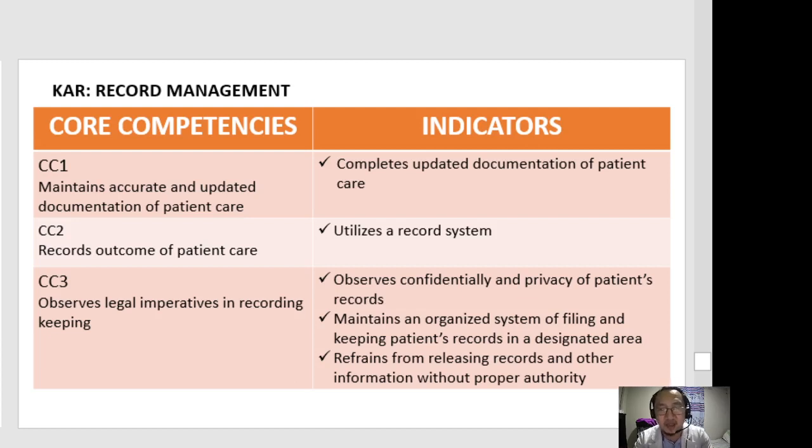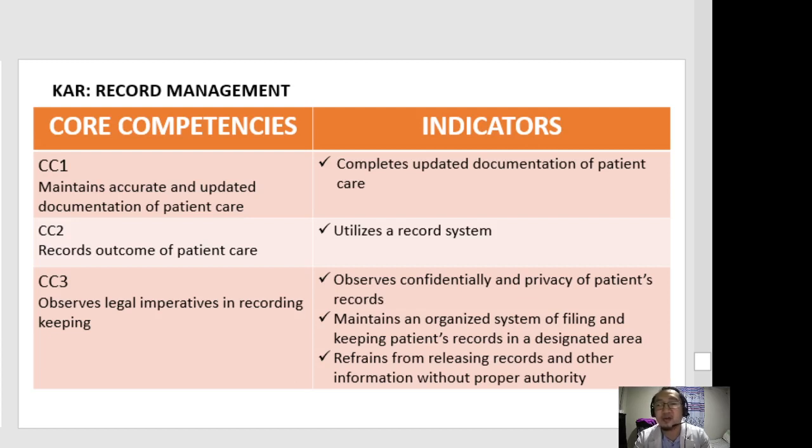It must not be seen, especially the information, by any person outside the healthcare team, unless it is permitted by the hospital. For case matters, even the significant others, the families, are ideally not allowed to see the information in the chart.